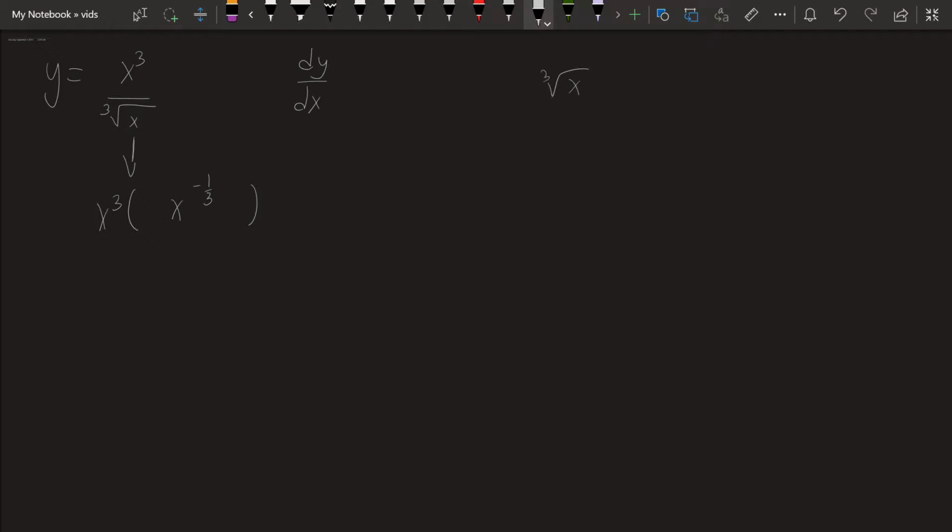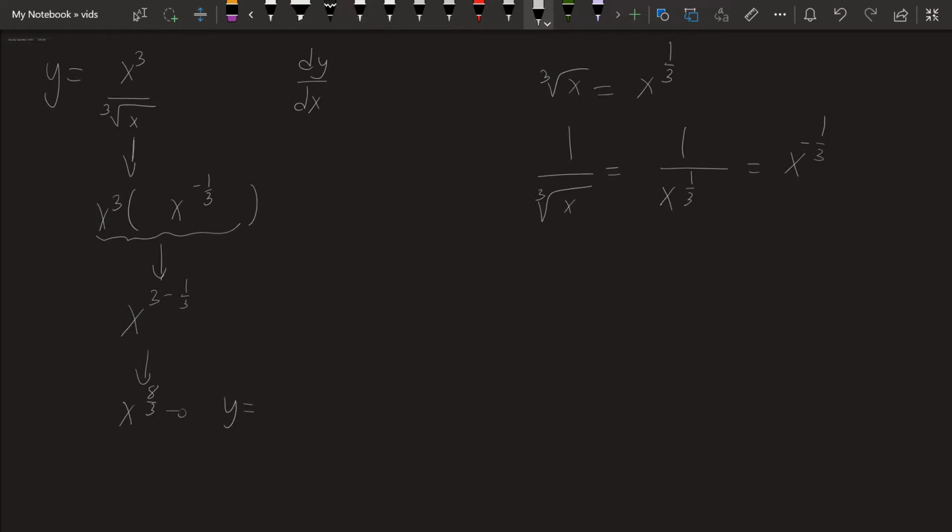Because the cube root of x is the same thing as x raised to the power of 1 over 3, and 1 over the cube root of x is the same thing as x to the power of negative 1 over 3, right? And now we can use the exponent rule, and we can say it's x raised to the power of 3 minus 1 over 3, which is 8 over 3.